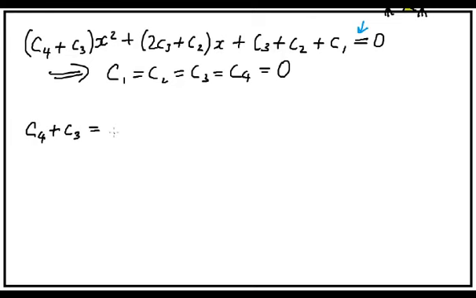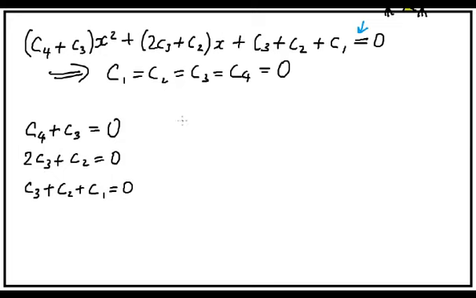The coefficients of the right-hand side polynomial are 0 throughout, so c4 plus c3 must be 0, because that's the coefficient of x squared. And 2c3 plus c2 must be 0. And also c3 plus c2 plus c1 must be 0.